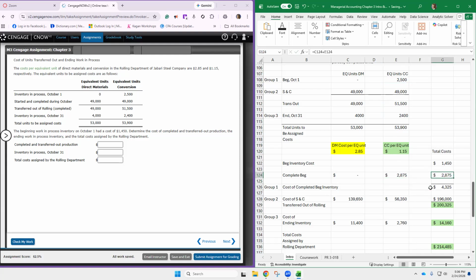Okay, so that's our first, right? And then we also have to add $14.50 because at the beginning of work in process had $14.50 in it. So when you add these two numbers together, that is the cost of group 1.